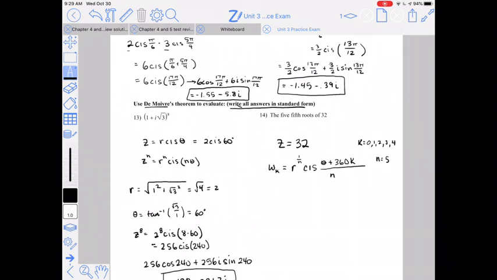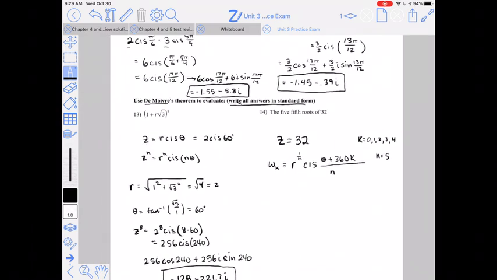Now, first what we need to do is write the complex number in trigonometric form. Here we have it written in standard form. Luckily though, since it's just a whole number, the real part of the complex number, if we were to graph 32 on the real and complex axes, 32 would be right here on the real axis, and the angle there would be 0.